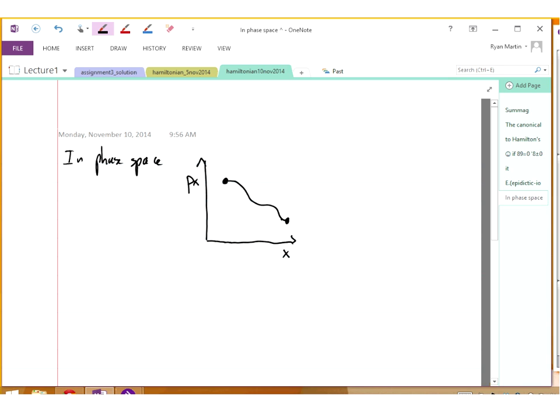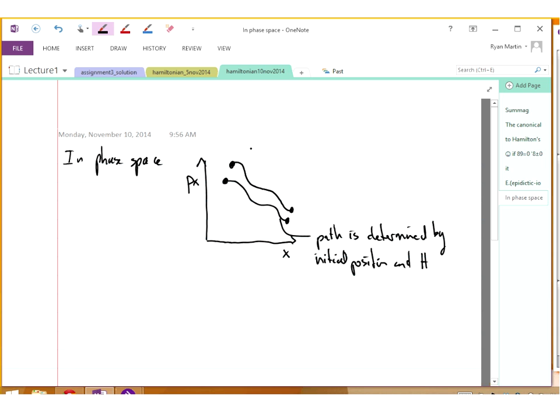The shape of the path is determined by the initial position at h, but it's not dependent on the initial velocities. So that means if I have a second point here, it's going to end up somewhere different.